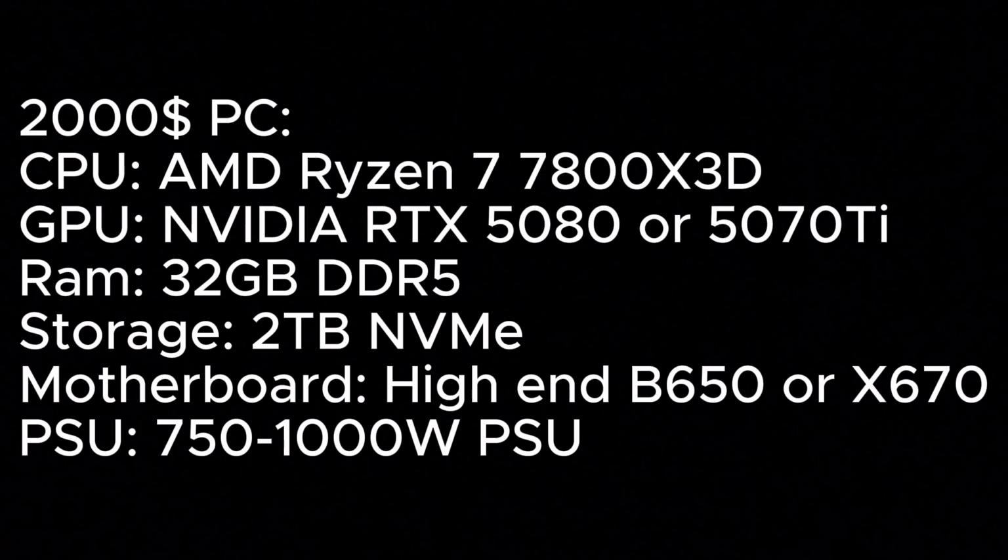For RAM, 32GB of DDR5. For storage, a 2TB NVMe SSD. And for the motherboard, a high-end B650 or X670 motherboard. For the PSU, you could go from 750 to 1000 watt power supply. It's up to you.